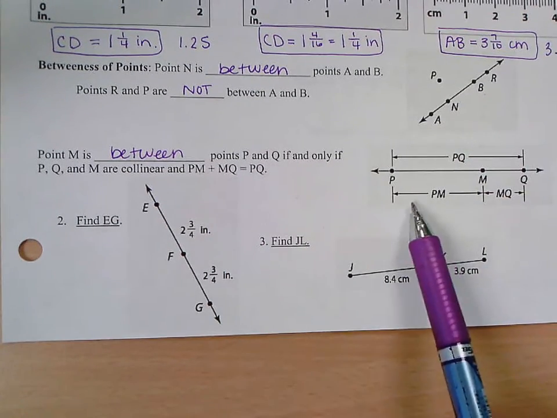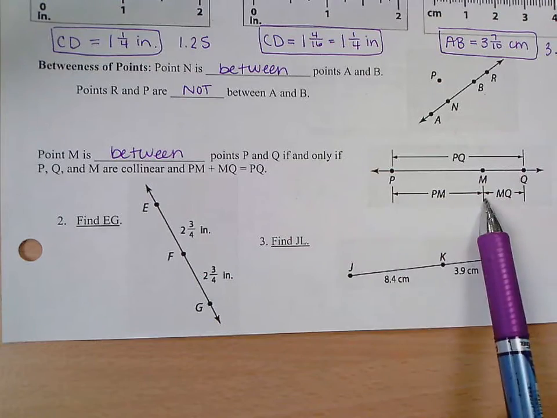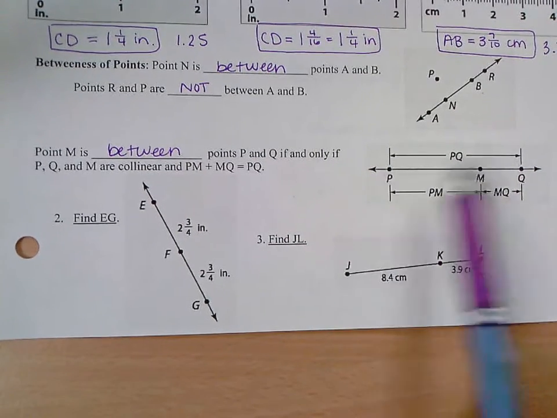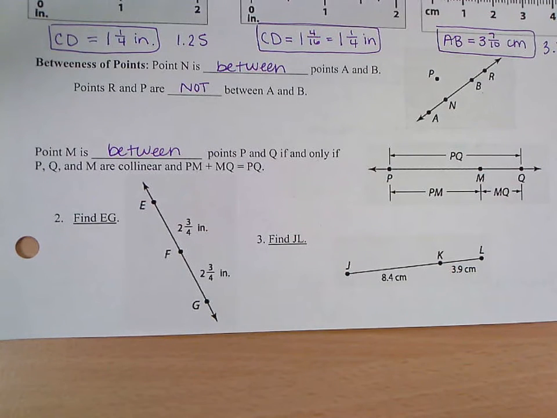So just notice how that is broken down. This segment PM, that measure, plus this segment MQ must equal the length of the entire segment PQ. So then you can use that idea or variations of it to find measures of other segments.